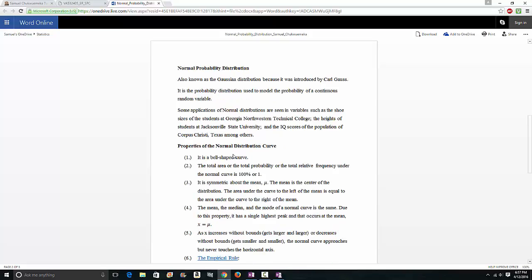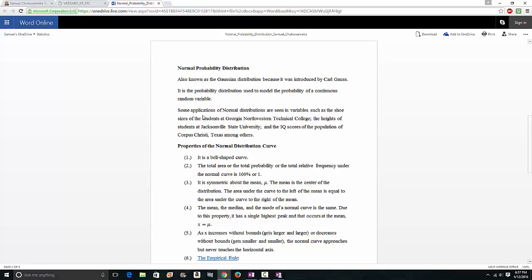That's why we talked about needing the prerequisite videos to understand what these terms mean. With a continuous random variable, you can measure it. It is not discrete, it is continuous. It's something you can measure.